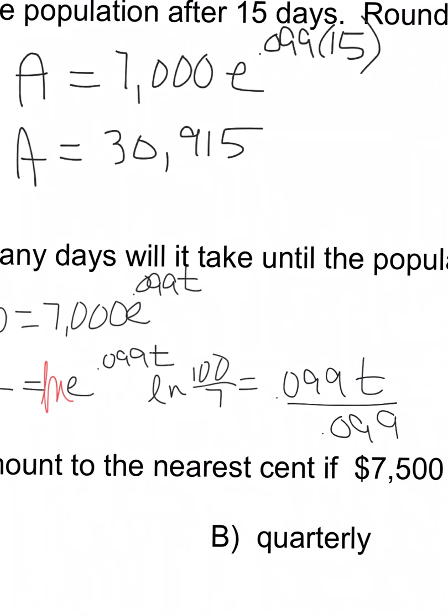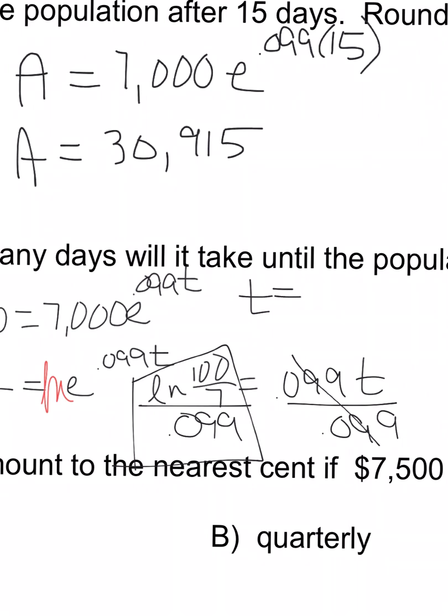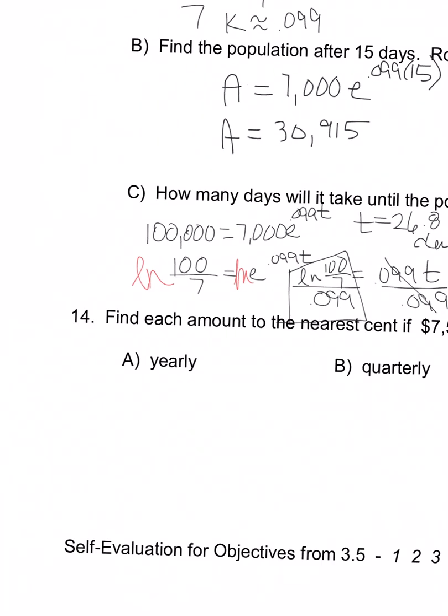And now we divide by 0.099. Those cancel. And then make sure you put parentheses around that 100 over 7. So you have natural log of 100 over 7 in parentheses, and then divide by 0.099. If you do that in the calculator, you'll get a time of approximately 26.8 days for it to get to 100,000.